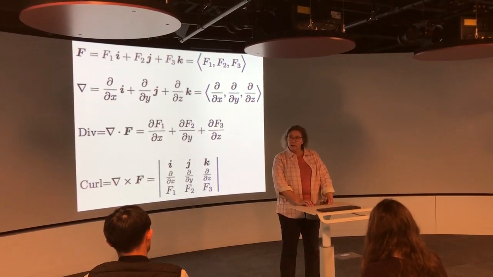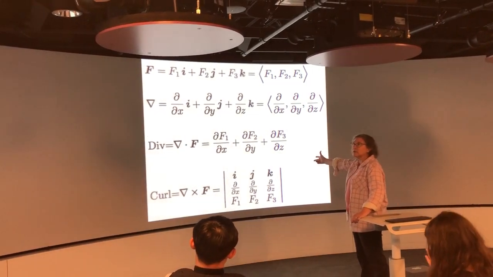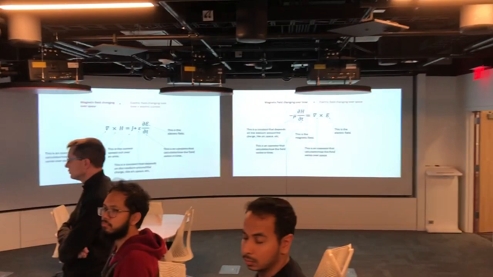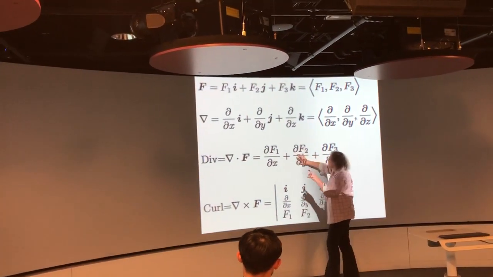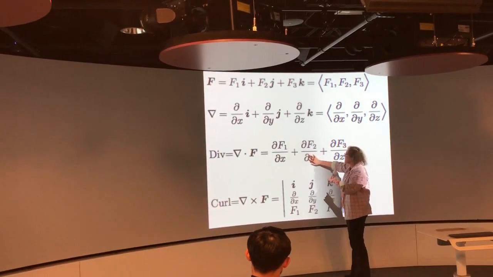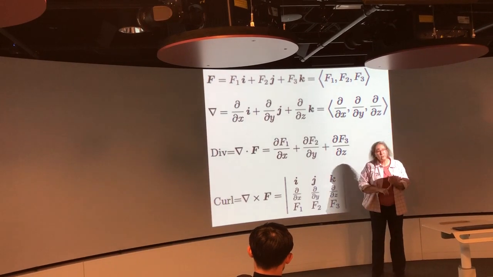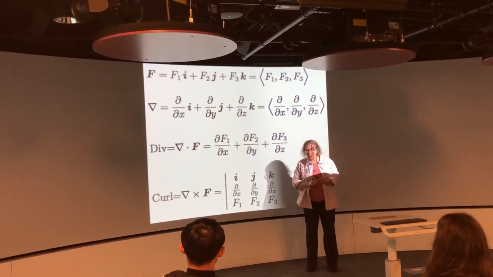Okay? So how does this math translate to the things that we're pulling? For the del dot thing, this is how the function varies in the x direction, this is how it varies in the y direction. It's not just how it varies, right? It's the rate at which it varies in the x direction, the rate in the y direction, the rate in the z direction. Add those up.